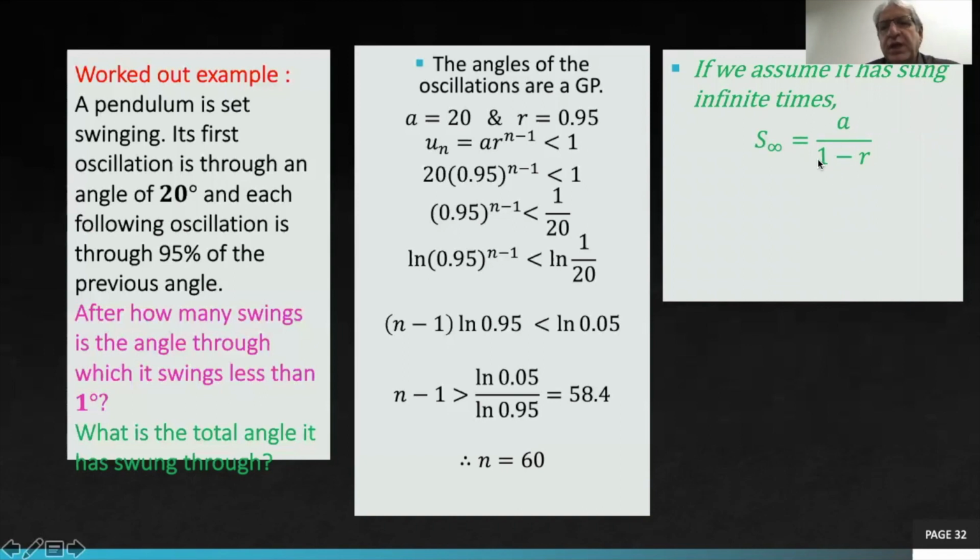Therefore, a is 20, r is 0.95. Just substitute it here, and then you get this number, 400 degrees. That means the total swing approaches this number. Okay.